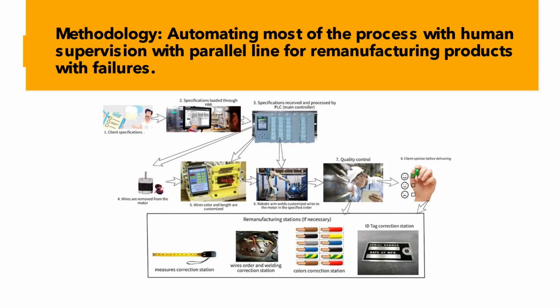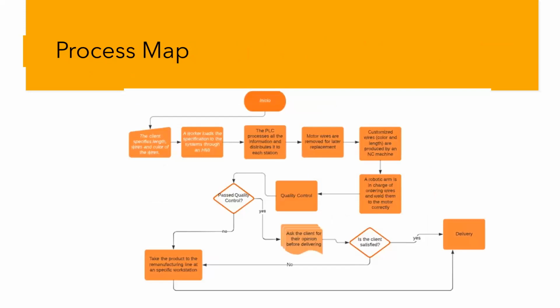Well, now this is just a process map that describes all the things that I have mentioned in the last slide. As you can see, the process goes as it was, but it includes the quality control, and if it passes this test, it will go to the client, and if not, it will go to the remanufacturing stage.